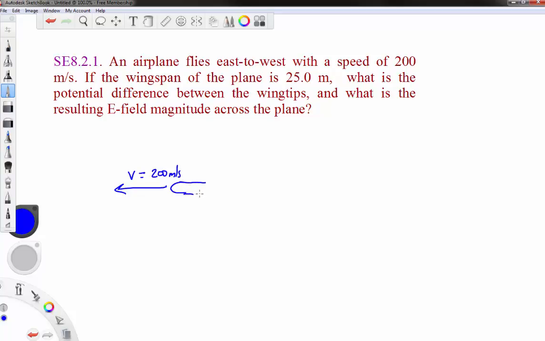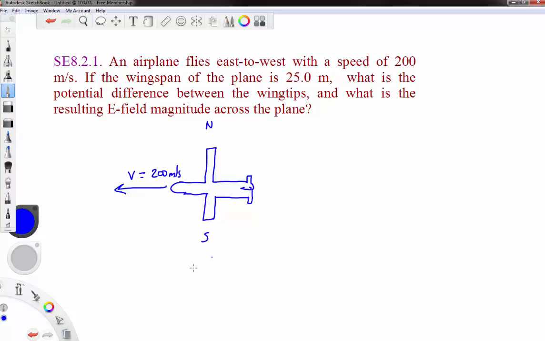And then if that is the case, its wings must be like this. So that would be basically north and south. And then here's the rest of the plane as viewed from above. There's usually a little tail fin here, and then the fuselage like this.